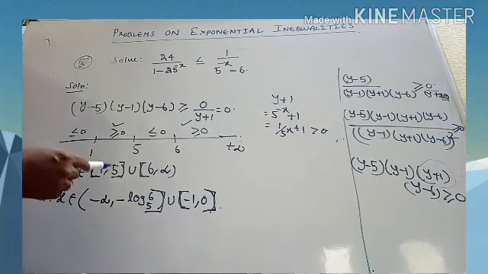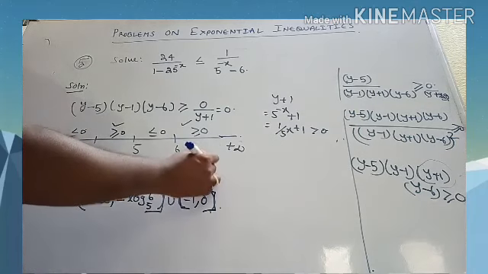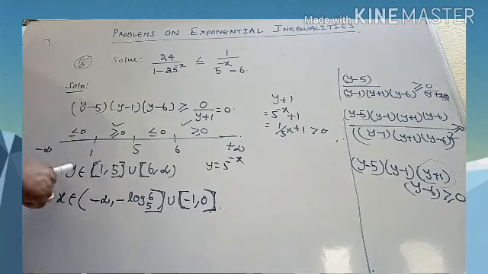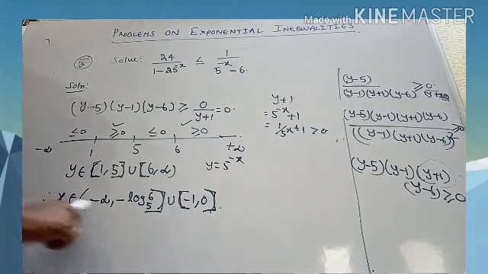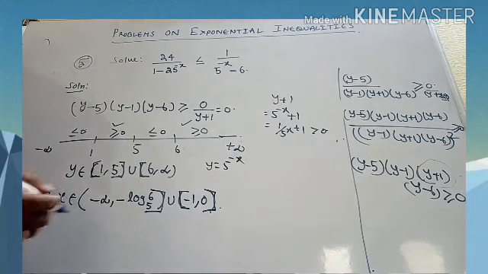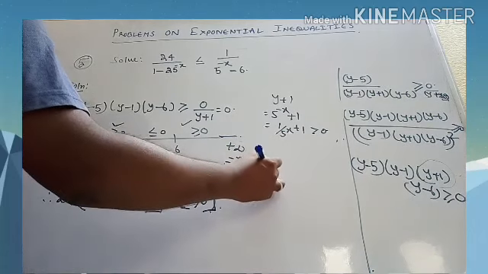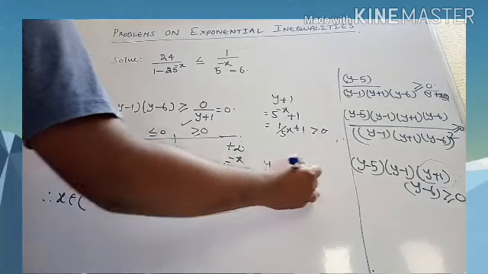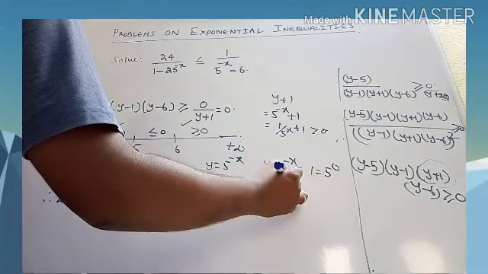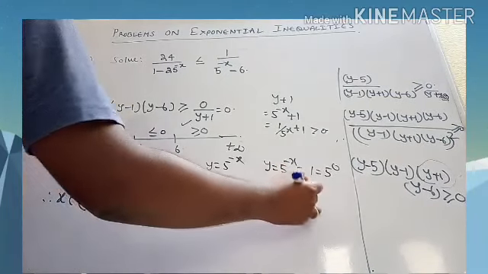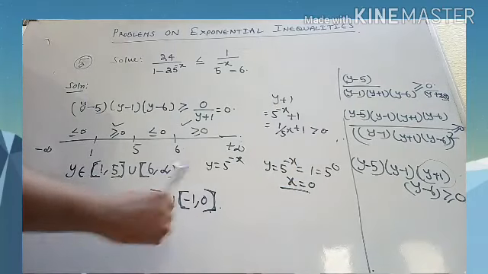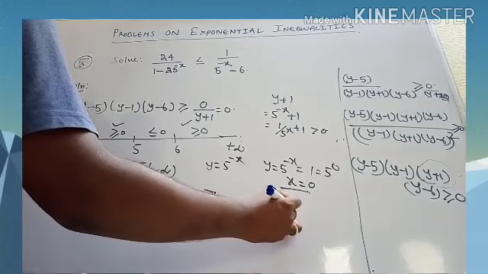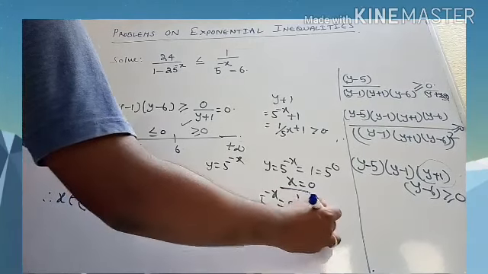Therefore, y is nothing but 5 power minus x, right? Now these values of y we convert into x, and we will get the solutions. You see, y is equal to 5 power minus x. When y becomes 1, this becomes 5 power 0, so x becomes 0. And when 5 power minus x is equal to 5, you will get x equal to minus 1.